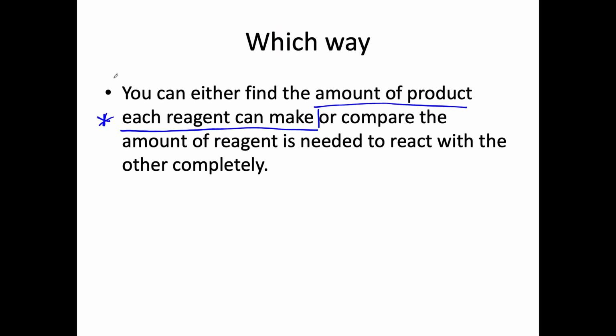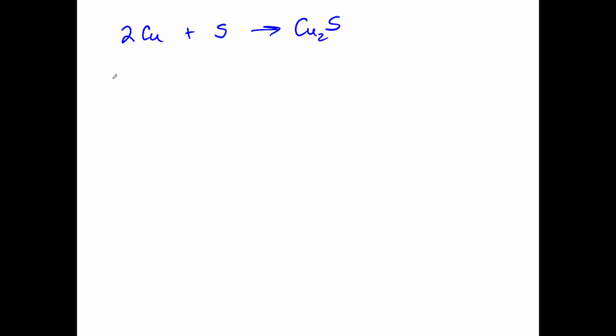The reaction is 2 copper plus sulfur goes to Cu2S. And we have 80 and 25, so we've got 80 grams of copper, 25 grams of sulfur. So this is what I'm going to do.